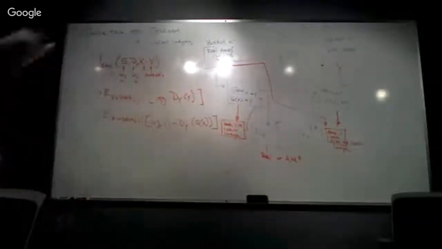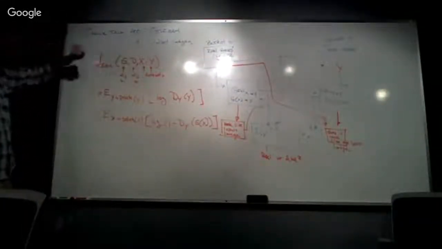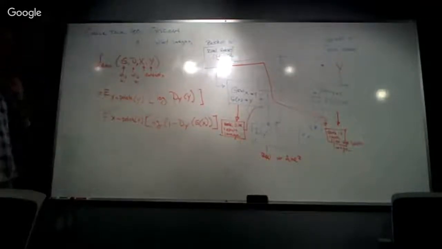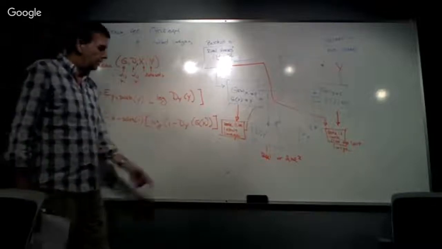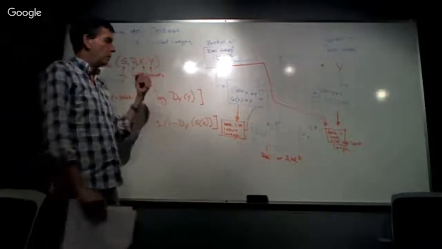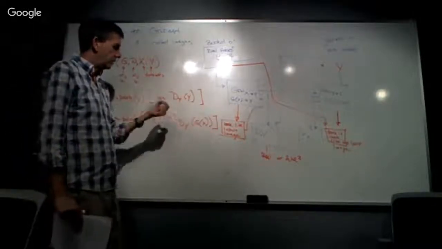Let me get this right. So what we're going to do is take samples from our database of images. And this is basically saying I'm going to take an image from the probability cloud that is represented by our big database of zebra pictures. And so this is an individual picture of a zebra. And we're going to run it through the discriminator. And the discriminator, remember, produces a 1 if it's real or a 0 if it's fake.